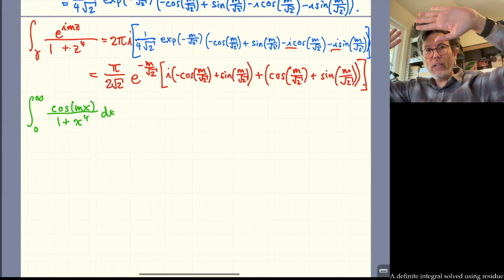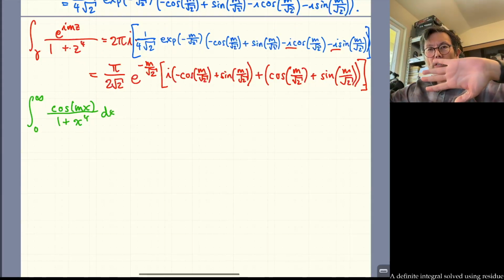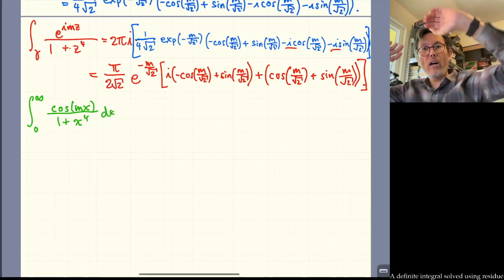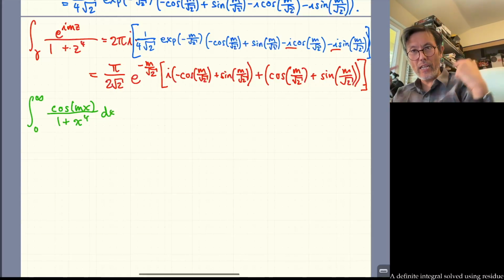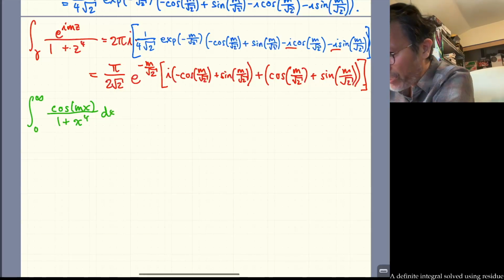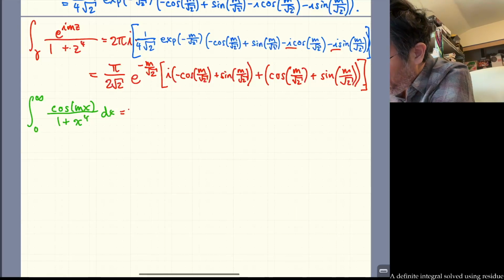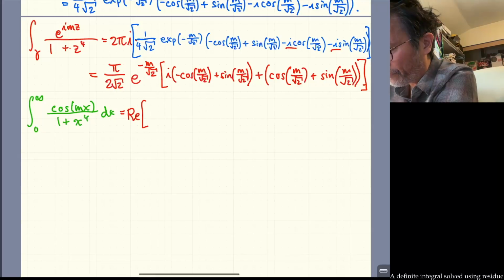And if you think about the way the contour integral breaks down into its real and imaginary parts, it's the integral over the contour of the real part plus the integral over the contour of the imaginary part. Okay, so this is equal to the real part of everything above, all this stuff.